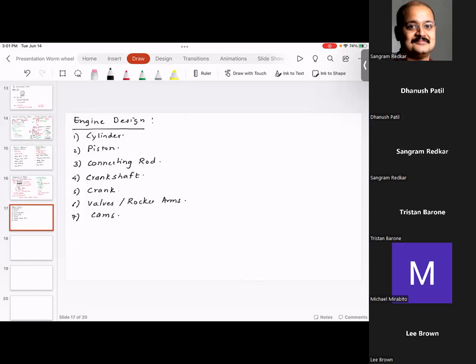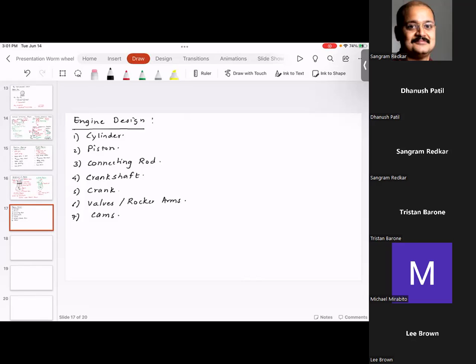The specs for the internal combustion engine design will tell us to design a gasoline engine or a diesel engine, and there will be some power requirements, and then we will start with the actual design.